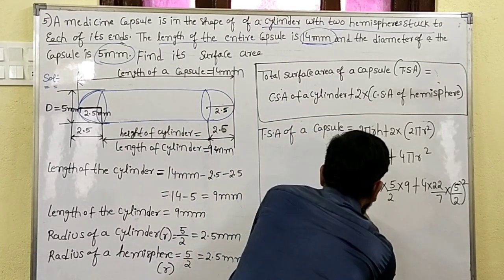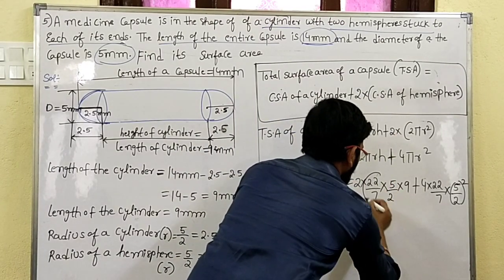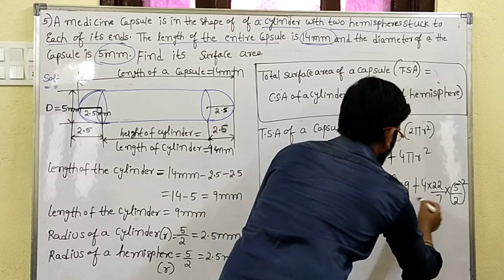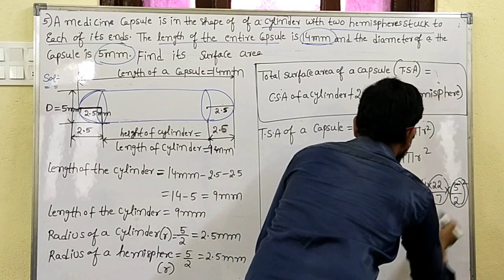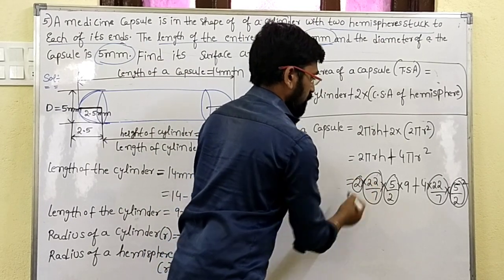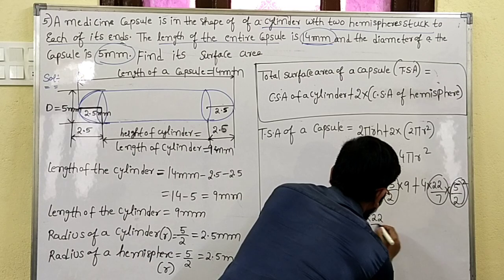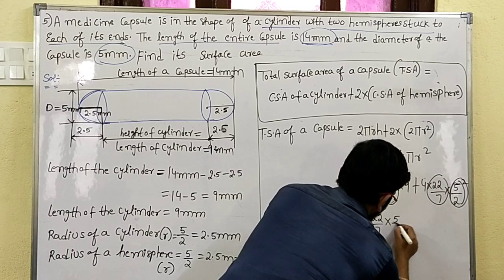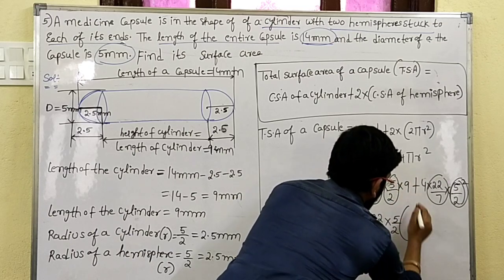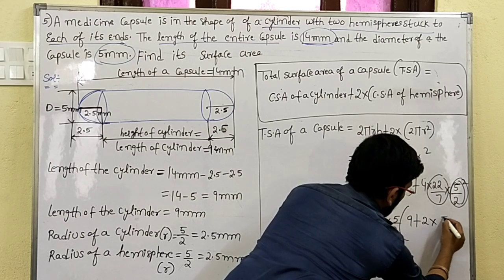Now 22 by 7 is common, and 5 by 2 is common. Also if you take 2 common, it will be 2 into 22 by 7 into 5 by 2 taken as common. Here it will be 9 and here 2 into 5 by 2.